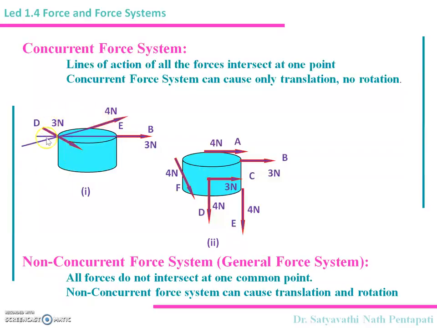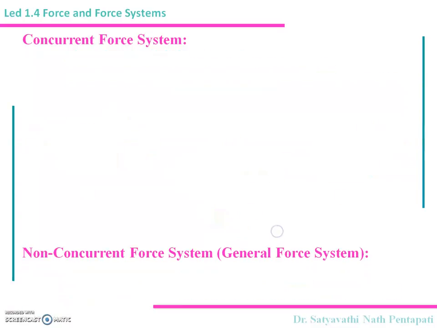If you imagine this entire object as a single particle, then in a concurrent force system there are no chances of rotation, and a non-concurrent force system can create rotation also. A parallel force system is also an example of a non-concurrent force system because the forces are not meeting at one point.